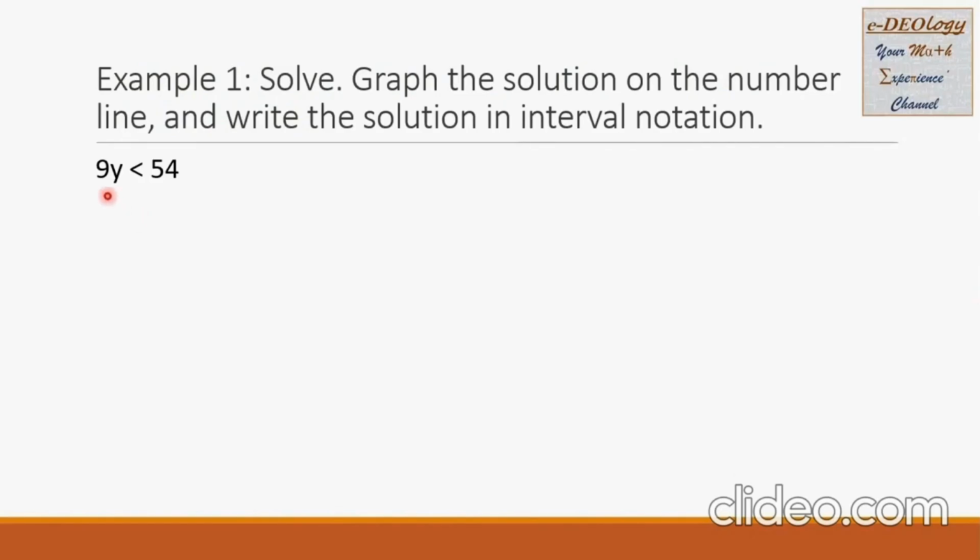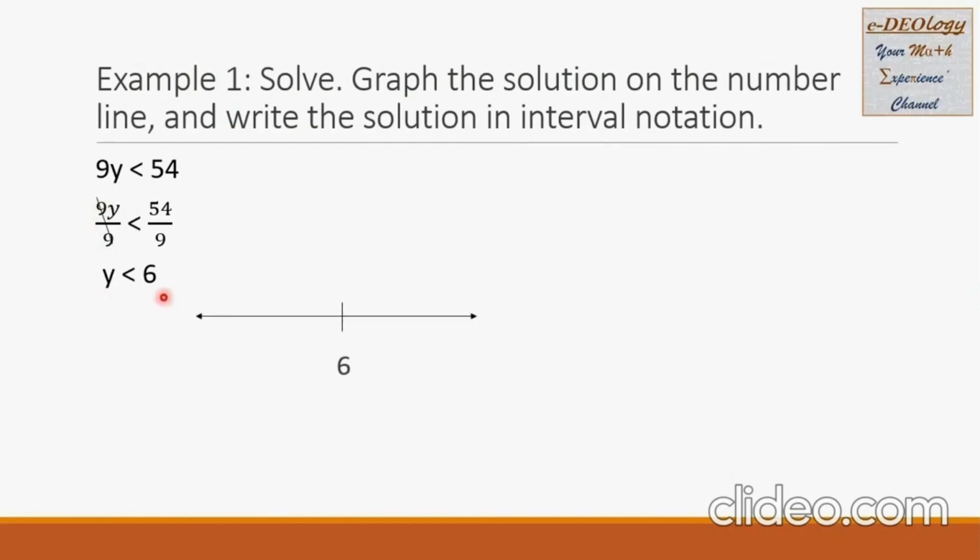We will divide by 9. And then we can cancel the coefficient and the divisor 9. We will get now y is less than, the quotient 54 over 9 is 6. So our answer is y is less than 6.